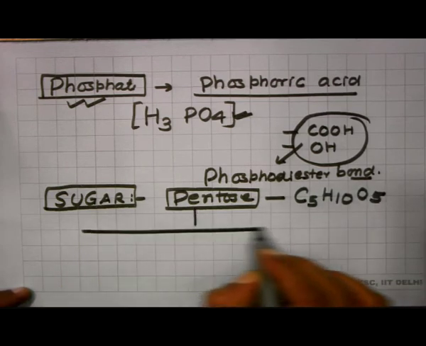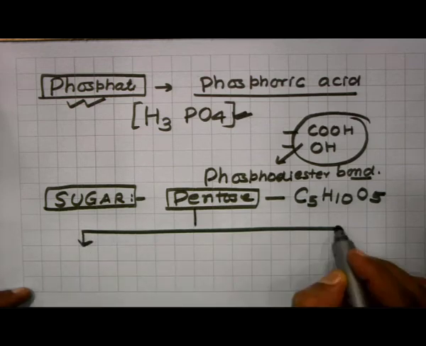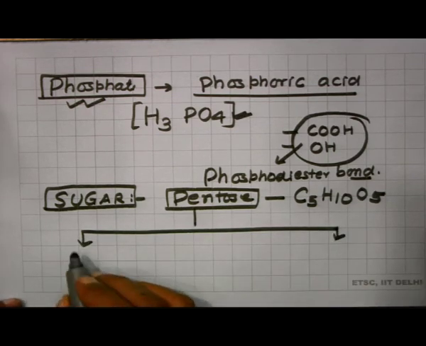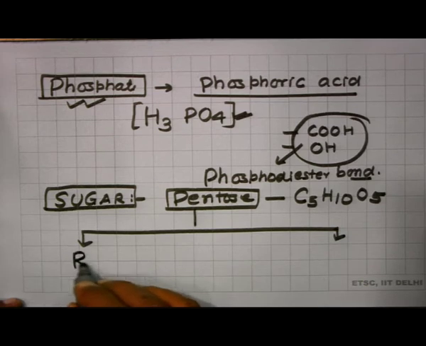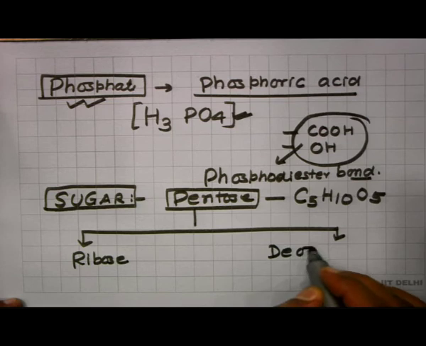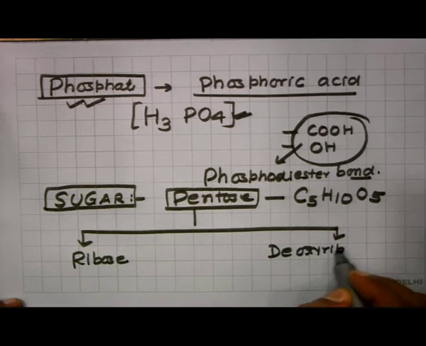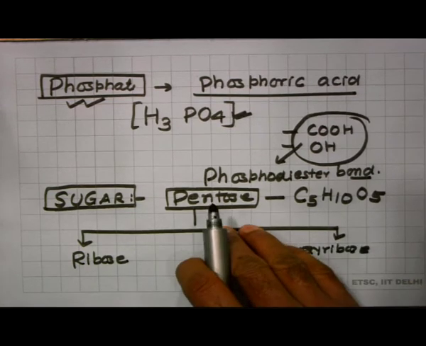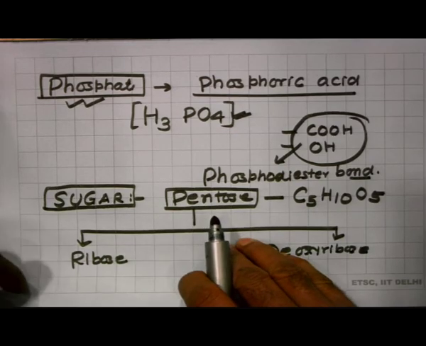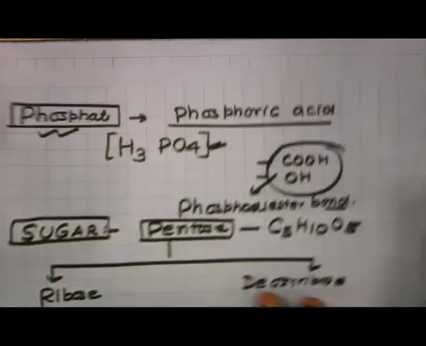It has been divided into 2 groups, both containing an aldehyde: ribose and deoxyribose. We have already discussed the structure of ribose and deoxyribose.